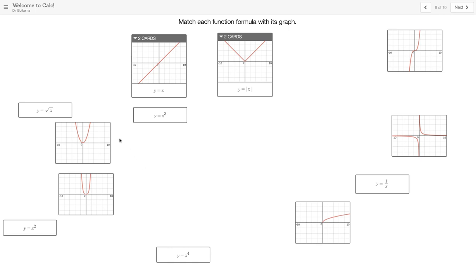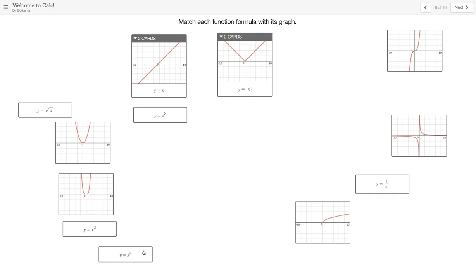Okay, let's see what we can do about these parabolas. So parabolas, looks like we're going to pick between x squared and x to the fourth, right? It's not quite an absolute value function, but it has that same sort of symmetry across the y-axis. These are all even functions, by which I mean if you plug in 2 or negative 2, you get the same output. Plug in 5, negative 5, same output.